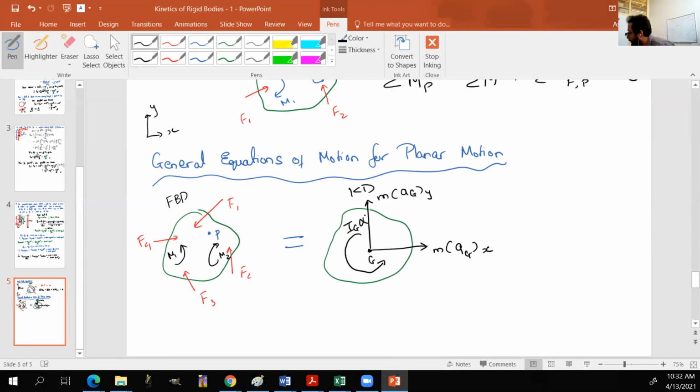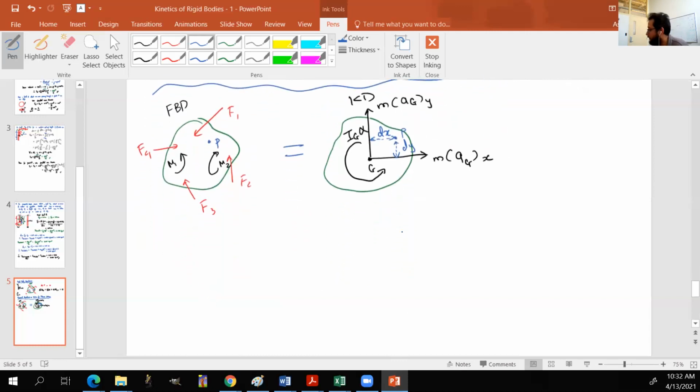All right. And similarly, for this point P, let's say that its distance from the y-axis is dx, and from the x-axis it's dy. Right?